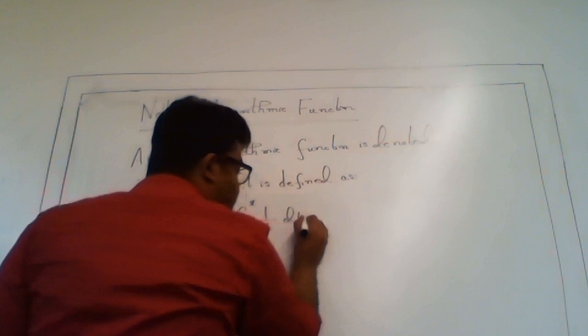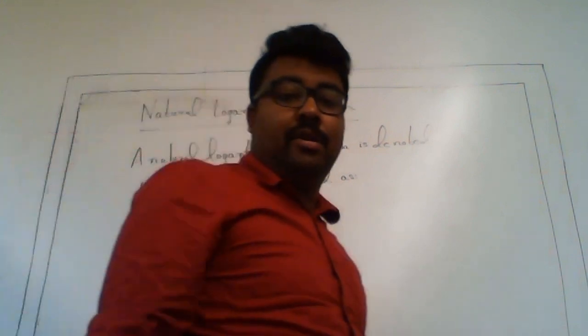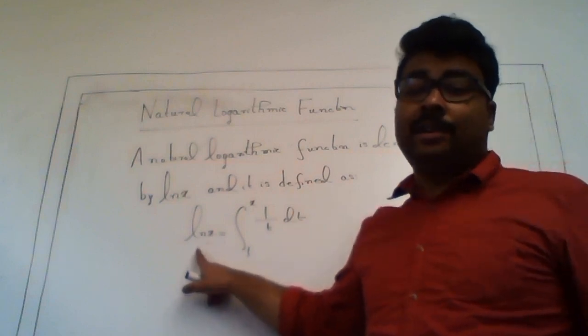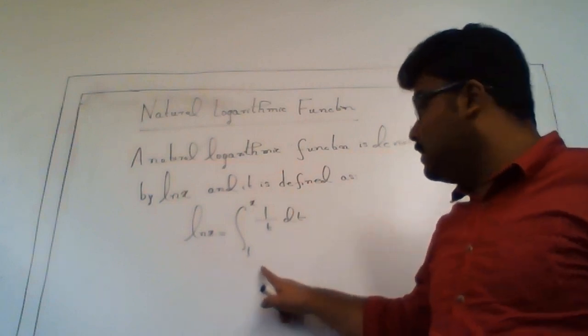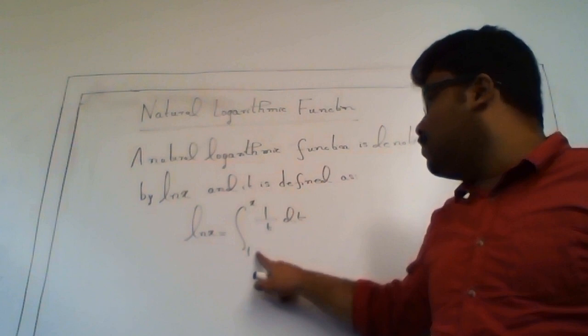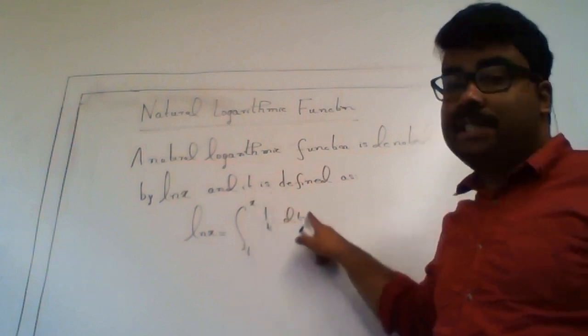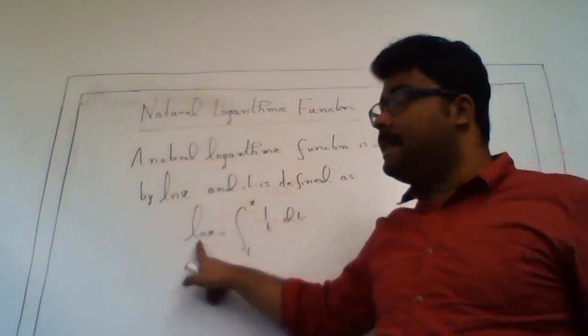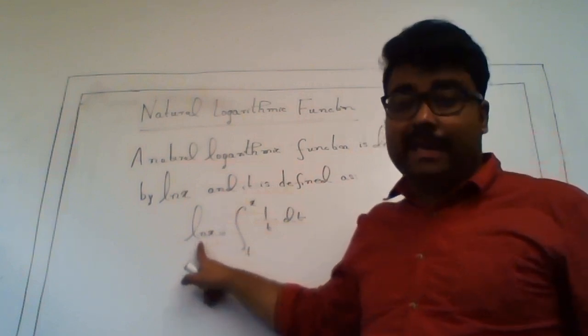So this is the definition of a natural logarithmic function. I define ln x as this integral, I integrate from 1 to x 1 by t dt. So whatever value I get from this whole thing is denoted by this symbol ln x, right?